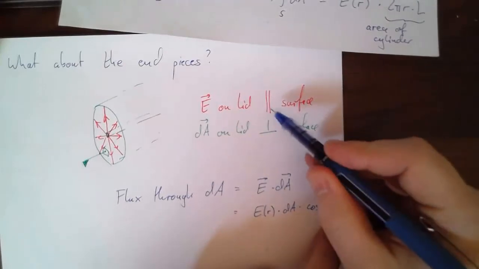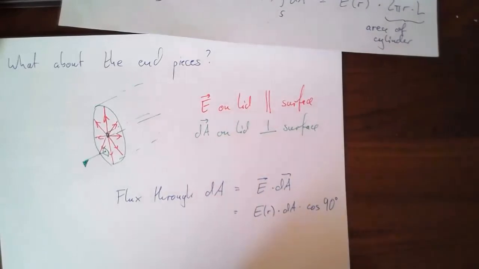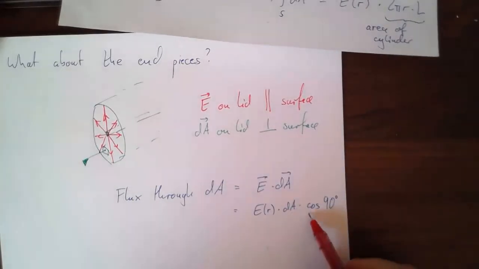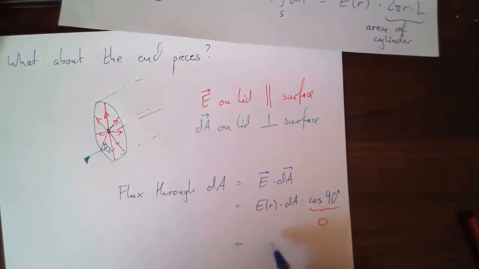The angle in this case between this one and this one is going to be 90 degrees, because they're perpendicular to each other, but the cosine of 90 is 0, so there is no flux through the end pieces.